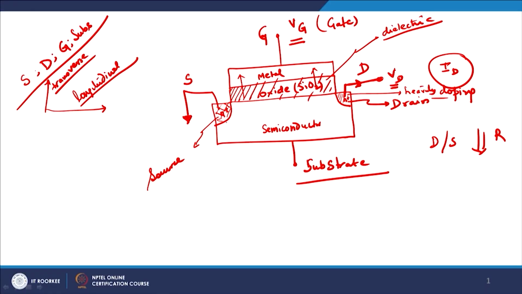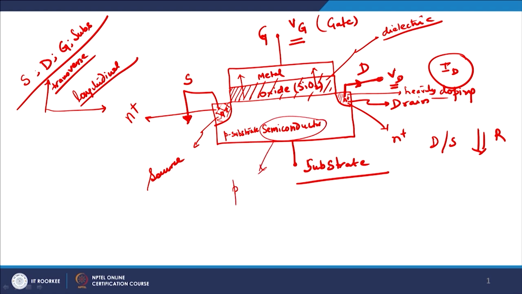Let us see. If I have this one as N plus, and this as N plus, my substrate, which is basically my semiconductor, I use as a p type substrate, right. Which means that typically this semiconductor is p type.